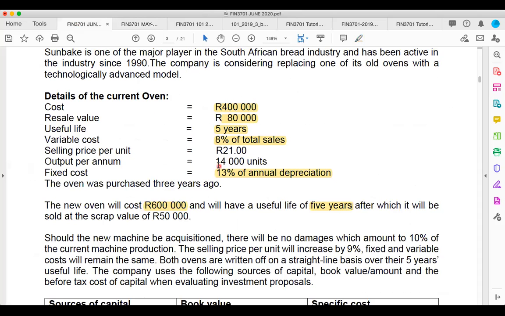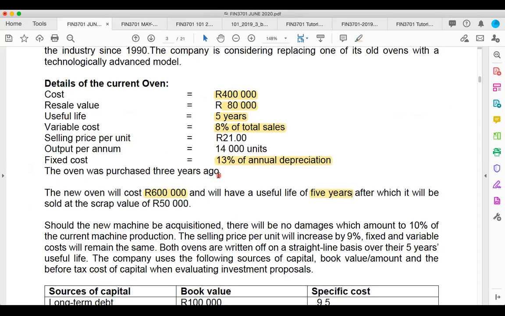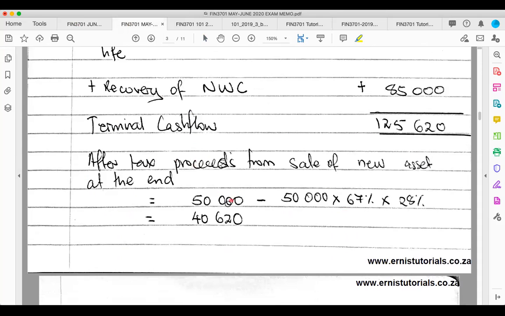So if we go to our case study, we are told that the new machine will be sold for 50,000 Rand at the end of its life. However, that 50,000 Rand is a market value, and on that market value we need to pay tax, right?